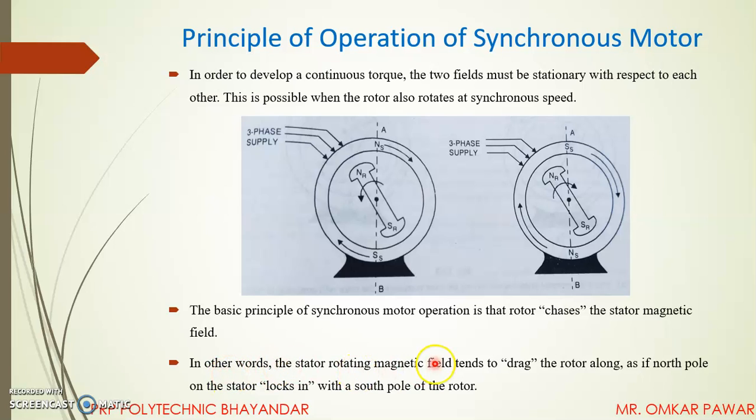The magnetic field tends to drag the rotor along, as if the north pole on the stator locks in with the south pole of the rotor. If unlike poles, N and N, are matched, there is a repulsive force and the rotor will rotate at a different speed. But if the stator S pole and rotor N pole are matched, there will be an attractive force, and that attractive force makes the rotor rotate at the same speed.